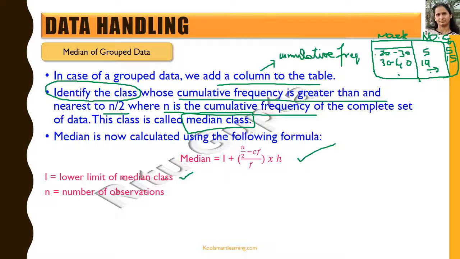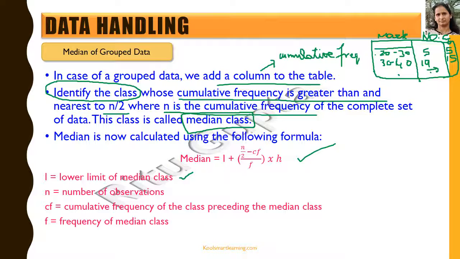N is the total number of observations in the data set, which means the total cumulative frequency of the complete set of data. CF is the cumulative frequency of the class just preceding the median class. F is the frequency of the median class, and H is the class size. And we use this formula to calculate the median of the grouped data. Now we're going to see how we do that with the help of an example.